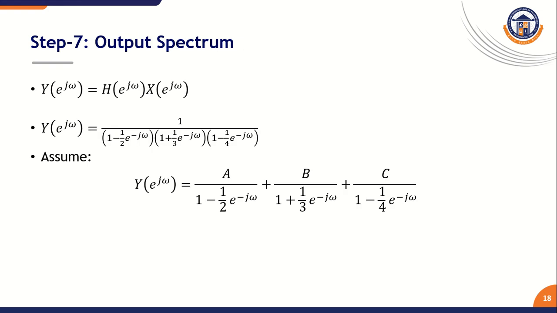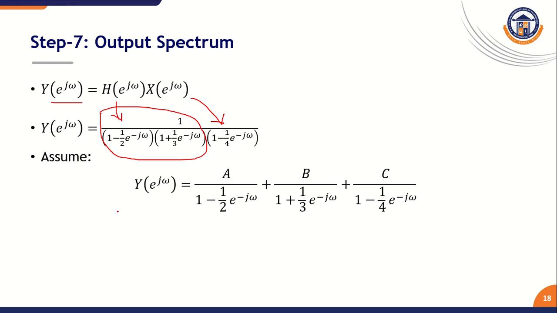After getting the capital X of e power j omega, we are substituting the value in this output spectrum equation, that is capital Y of e power j omega equal to H of e power j omega into capital X of e power j omega. So substituting H of e power j omega value here, then X of e power j omega value here.